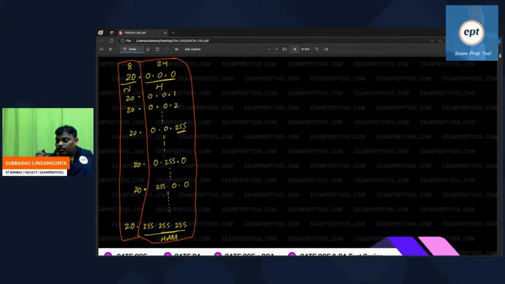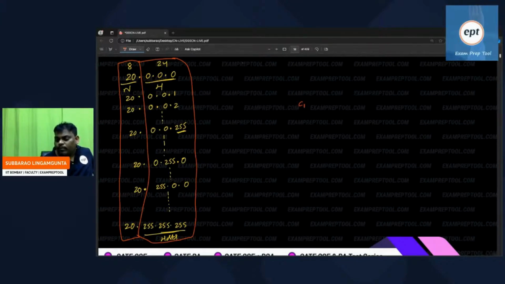Now observe, everyone. See this one, computer 1. Assume that these 2 power 24 addresses are given to TCS company.